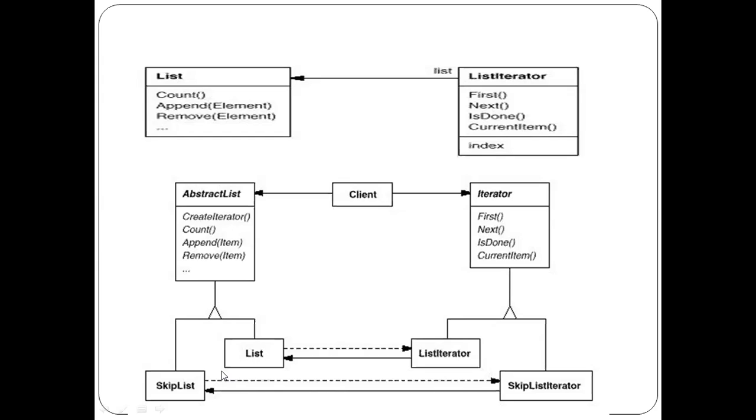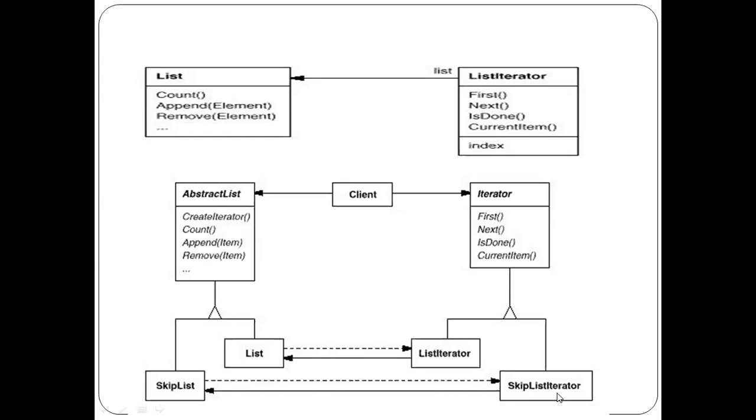Here we are seeing what we saw in the motivation, that is multiple types of list as well as multiple types, or a hierarchy, of iterators. We can have different types of lists, which can be a list or a skip list, derived from abstract list.